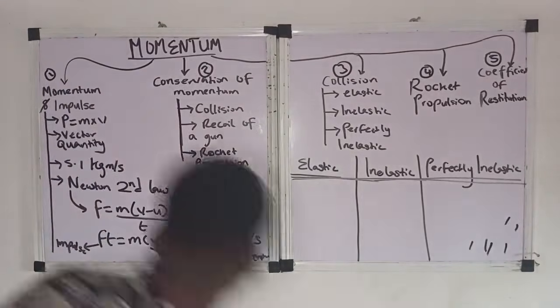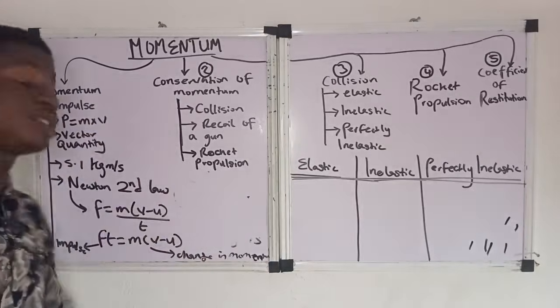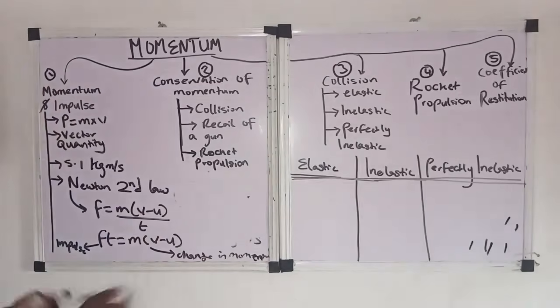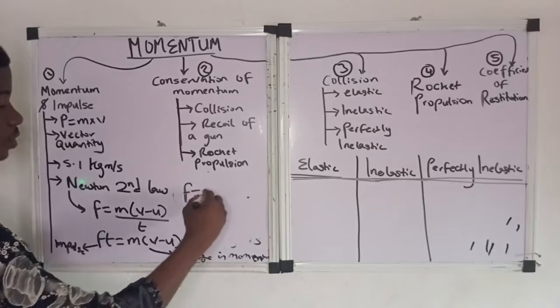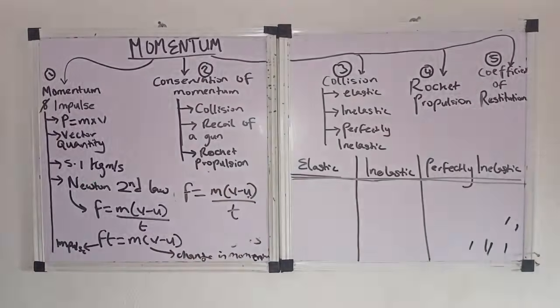Let's continue. According to Newton's second law of motion, we state that F = m(v - u)/t.